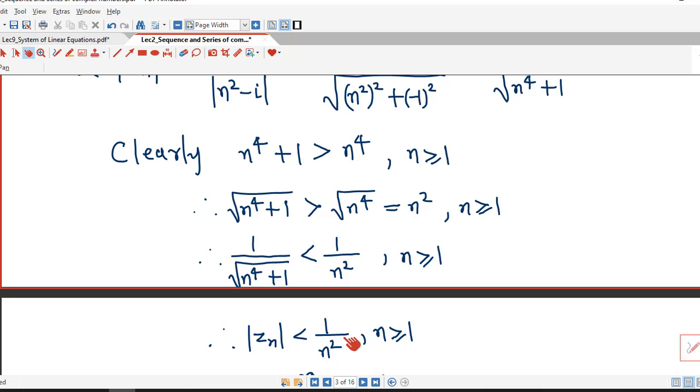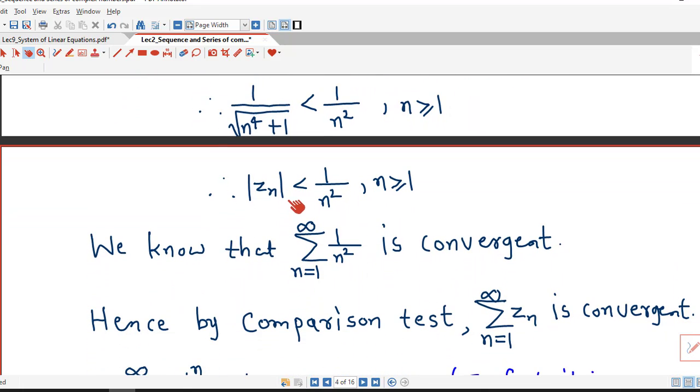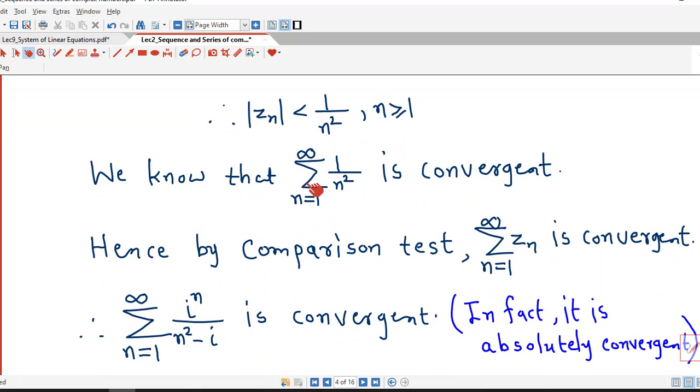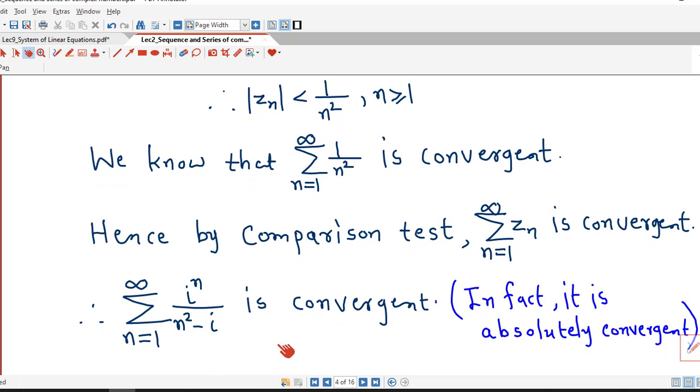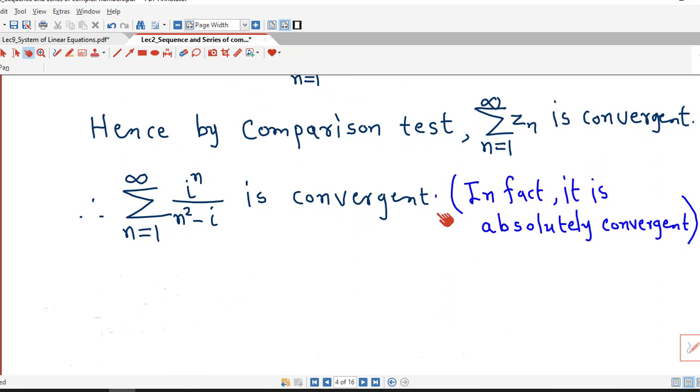And we know that sigma 1 by n square is always convergent. So therefore sigma mod Zn is also convergent. Hence by comparison test, sigma Zn is convergent, and Zn is nothing but i raised to n over n square minus i. So in fact it is absolutely convergent.